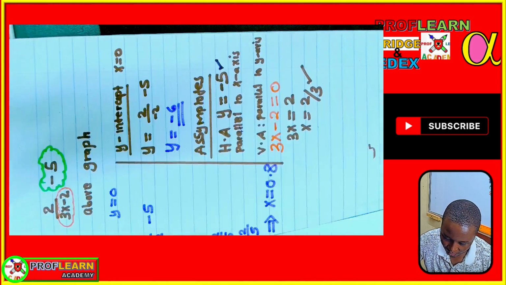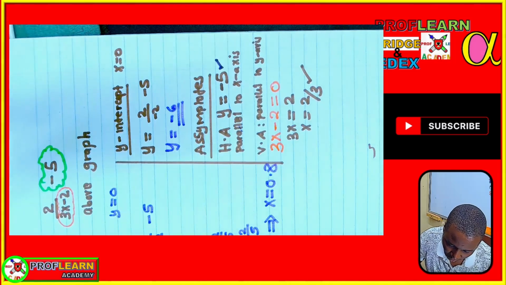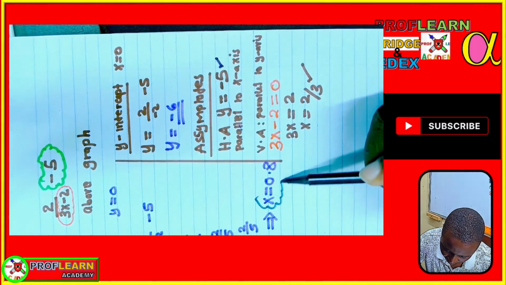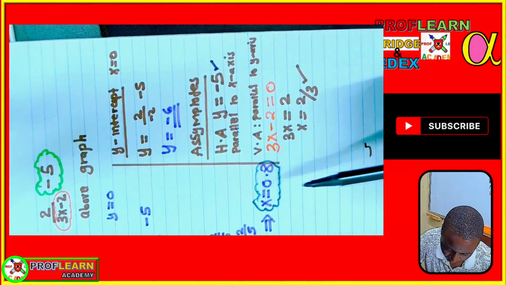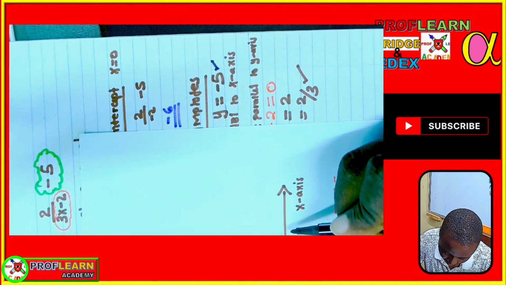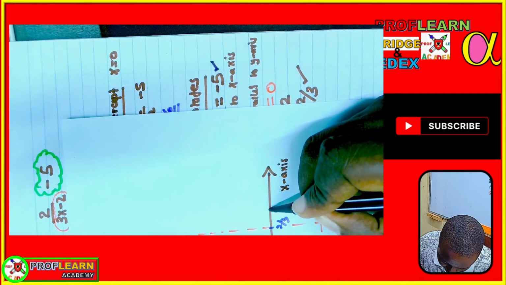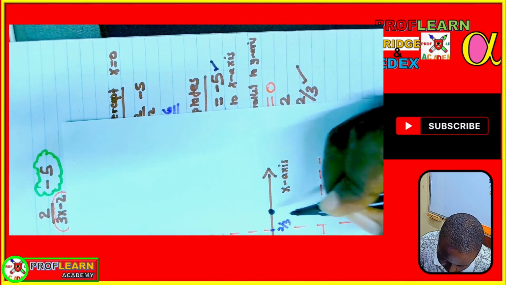Then we have the intercepts. We had the x-intercept, x equals 0.8, which we can assume is somewhere here.